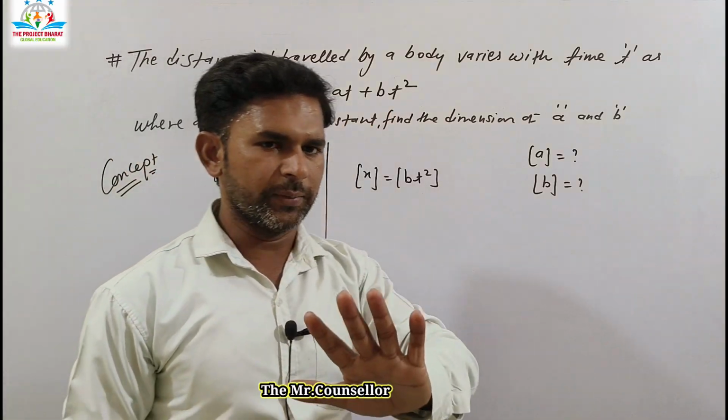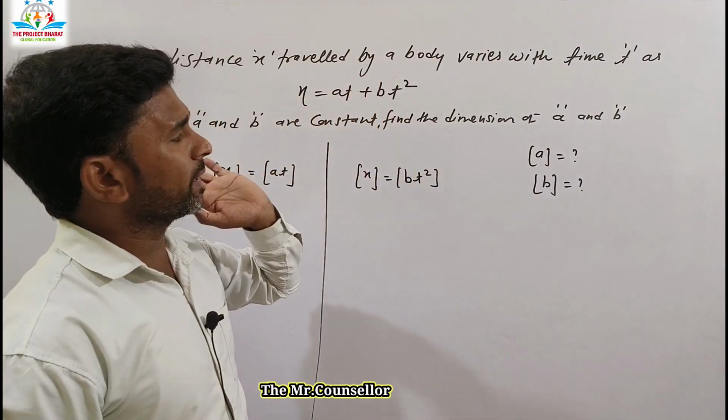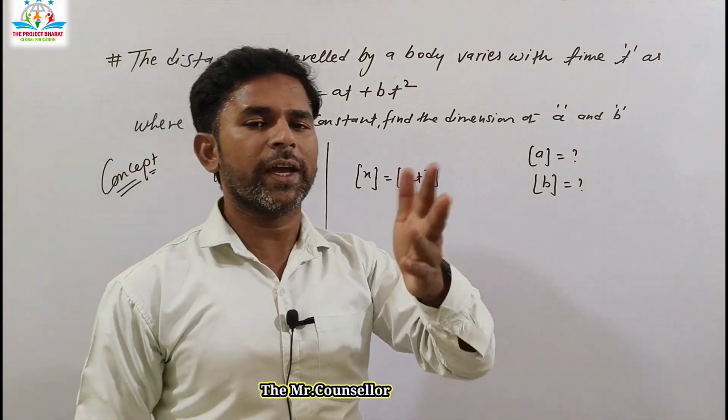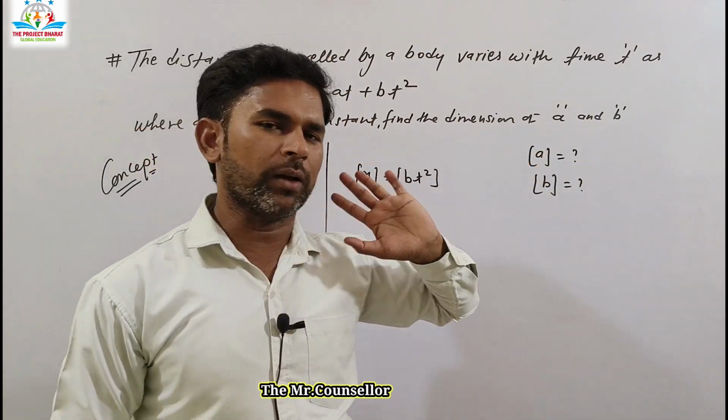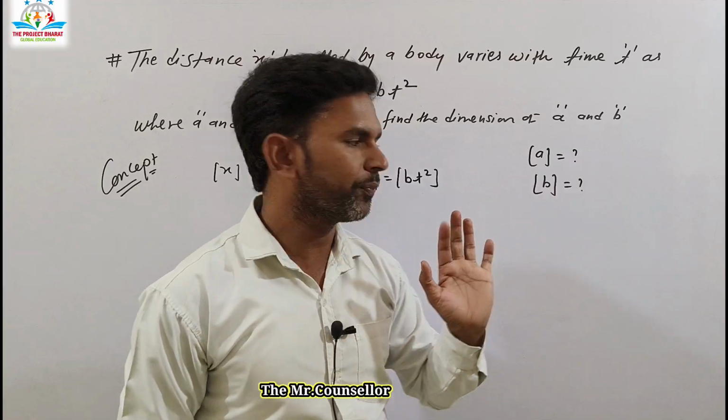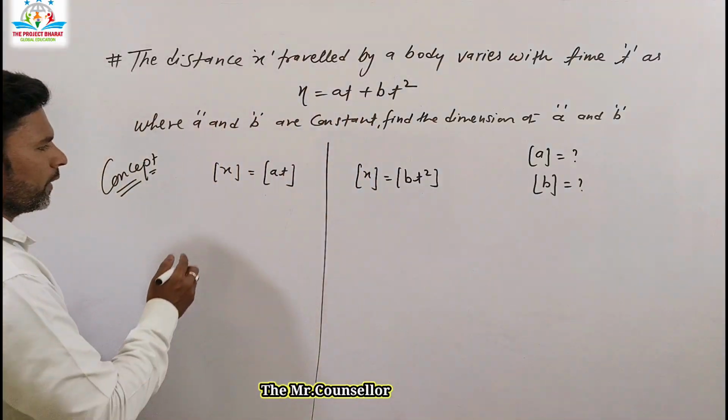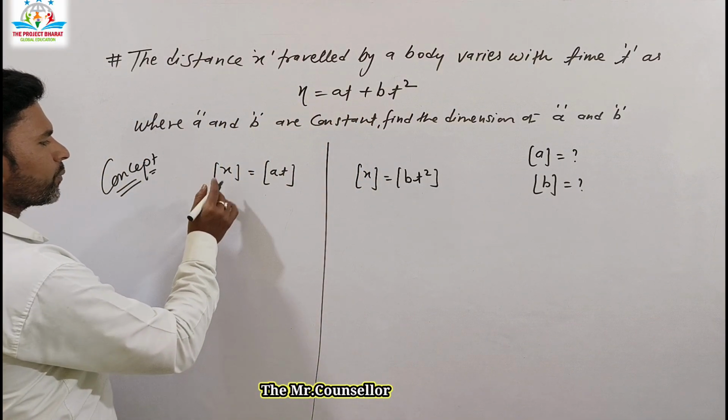You can see, because they are asking the dimensional formula of a and b, and they are telling us a and b are constants, there is no question mark. So easily you can apply it here.